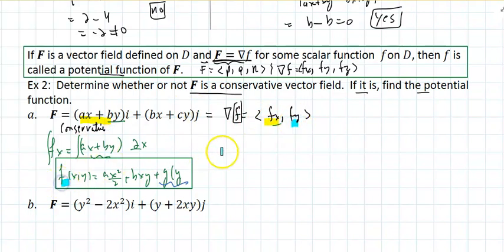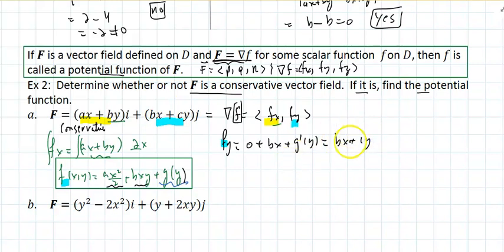If I take the partial with respect to y of my answer, that is 0 plus bx plus g prime of y. That should equal the j component. That's the key. Now, if it's conservative, you'll notice a lot of those cancel out.